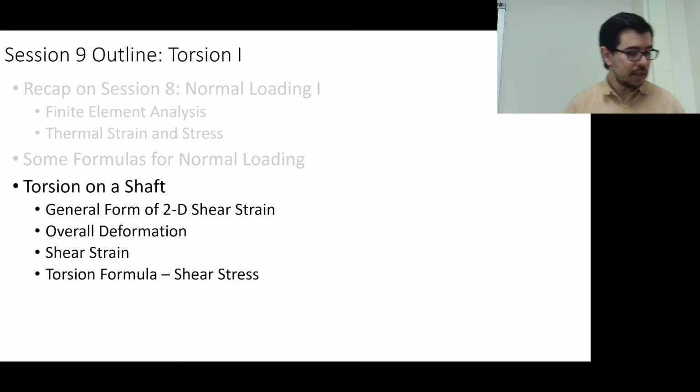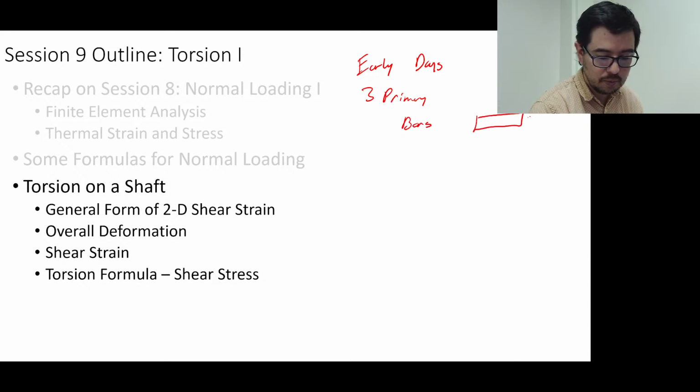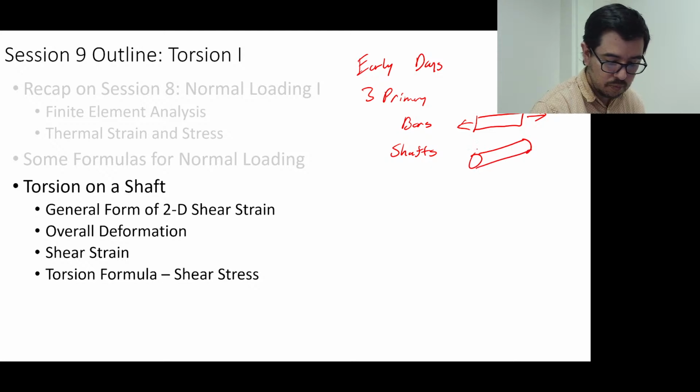In the early days, we said there were essentially 3 primary structures plus 1. We had bars, we had shafts, and we have beams.